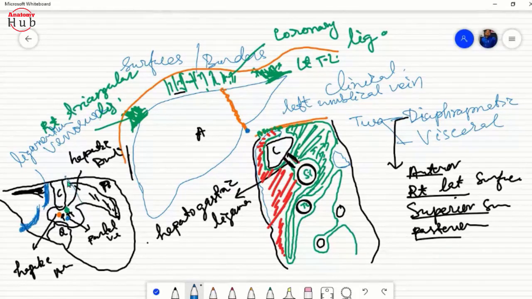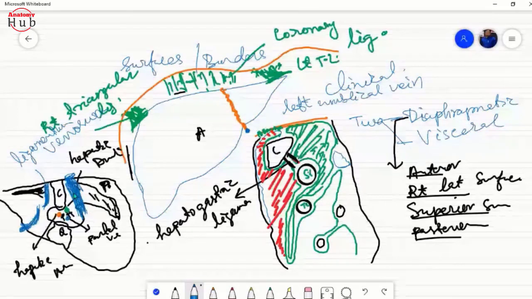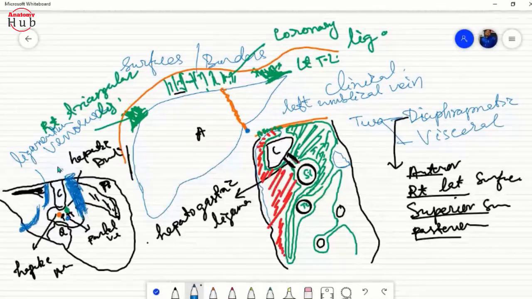At this point you will find another big vessel that passes through the liver at the right lobe, known as your inferior vena cava. So what we have over here, at the right upper surface, you'll find the inferior vena cava.